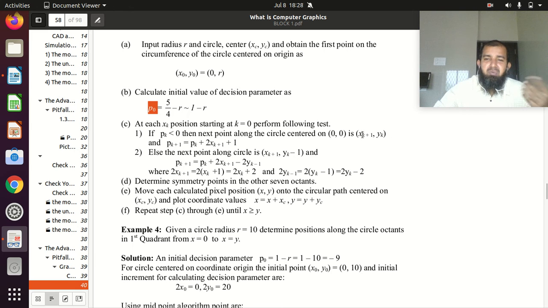The next x value is xk plus 1, and yk remains the same. If pk is less than 0, the x value gets incremented and the y value remains the same.